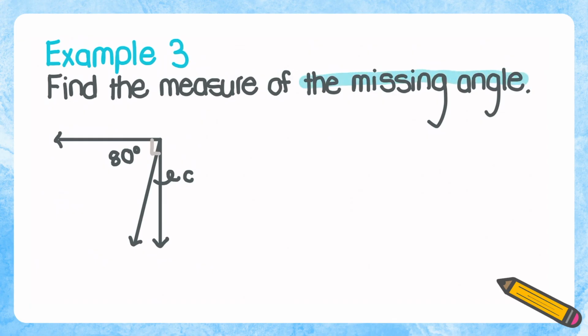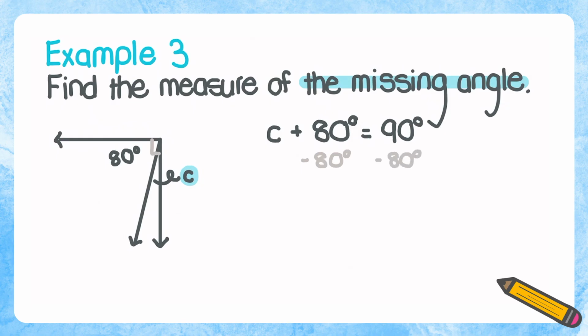We are going to find the angle measure for this missing angle, which for this example is angle C. C plus 80 degrees equals 90 degrees because these angles are complementary. Let's subtract 80 degrees on both sides, and I solve that C equals 10 degrees. The missing angle measure is 10 degrees.